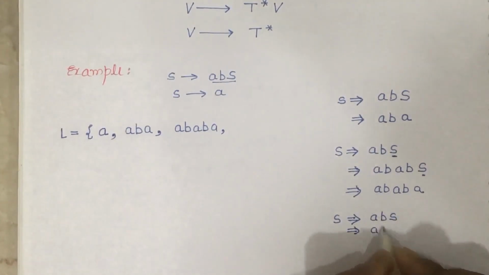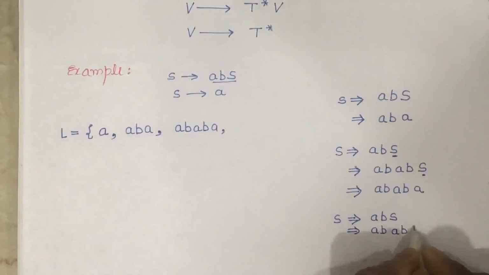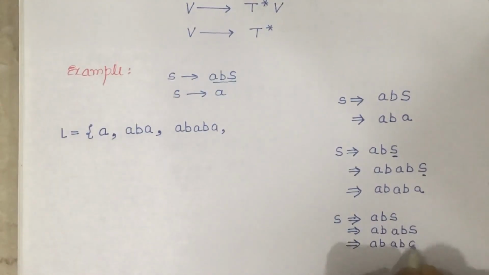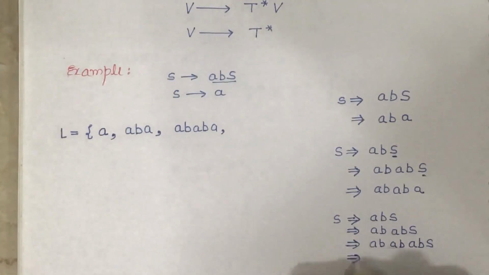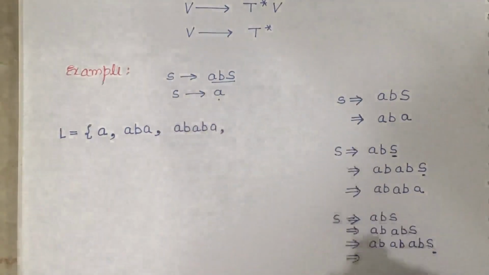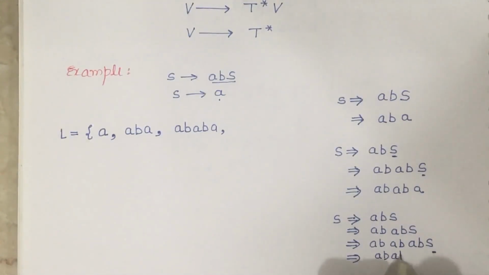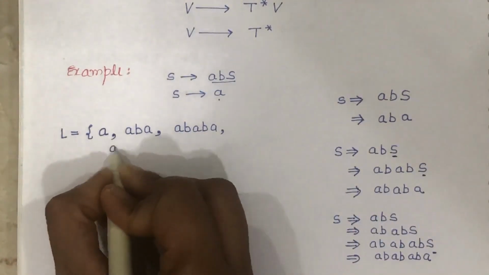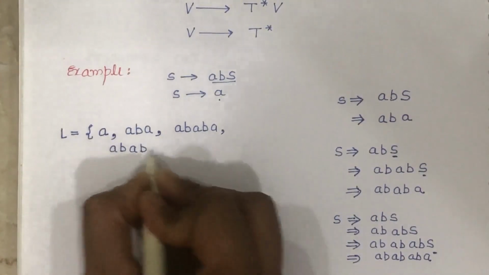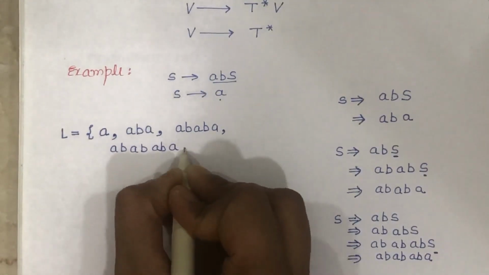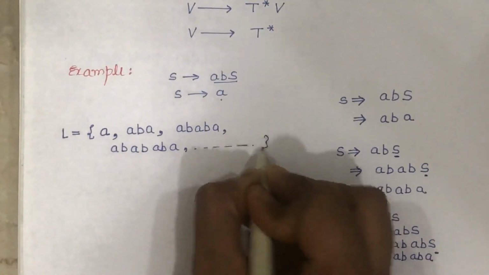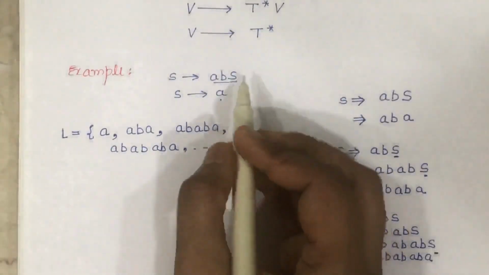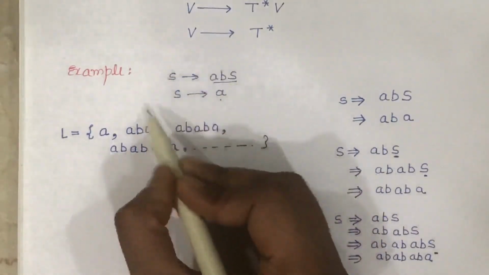Then AB, in place of S we can write again ABS. Further in place of this S we can write ABS. Now this S can be substituted using the second alternate and we can get ABABABA. So in that way the next possible string of the language can be ABABABA. And similarly we can derive the further subsequent strings in this language. So here we have seen that this given grammar is right linear grammar.